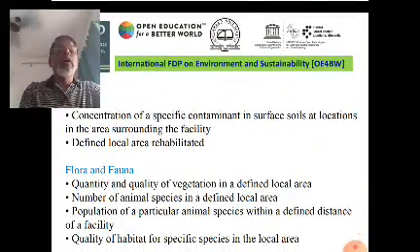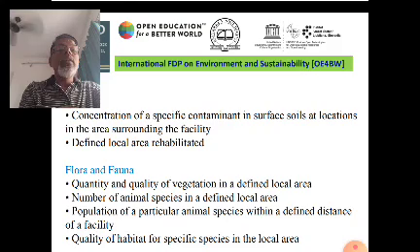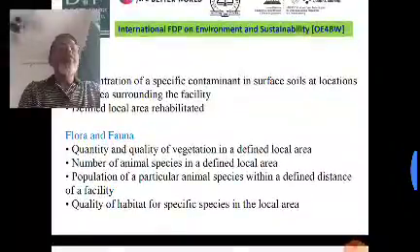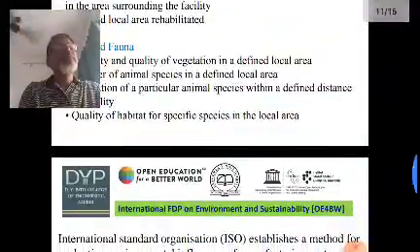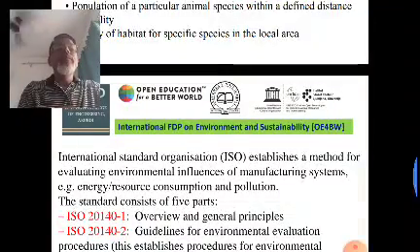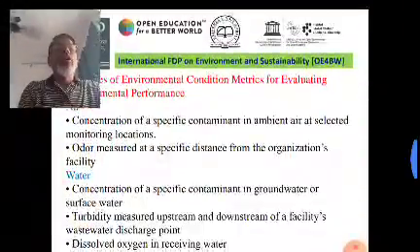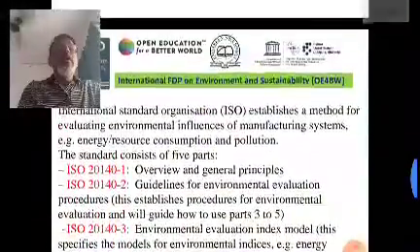Then flora and fauna: the quantity and quality of vegetation in a defined local area, number of animal species in a defined local area, population of a particular animal species within a definite distance of the facility, and the quality of habitat for the specific species in the local area. So these are the different metrics on the basis of which we can define the environmental performance evaluation metrics.